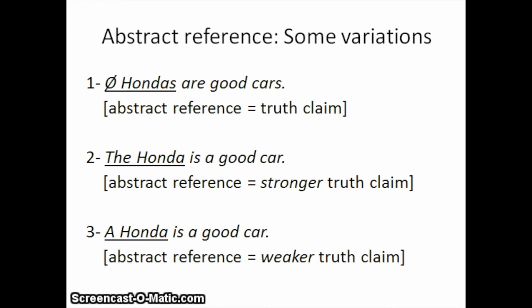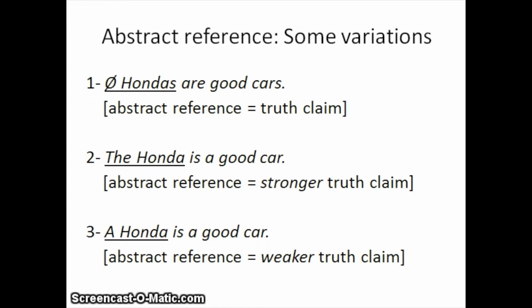On the other hand, for sentence number 3, we want to suggest that the use of a for abstract reference is motivated by speaker intention to make a weaker truth claim, weaker than that indicated by the default zero plus plural pattern.